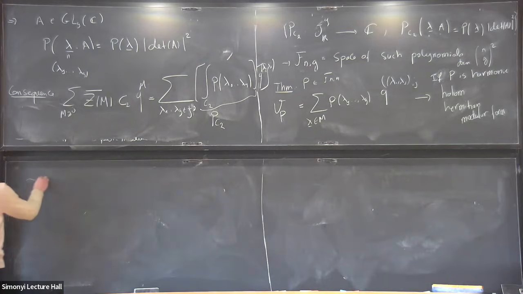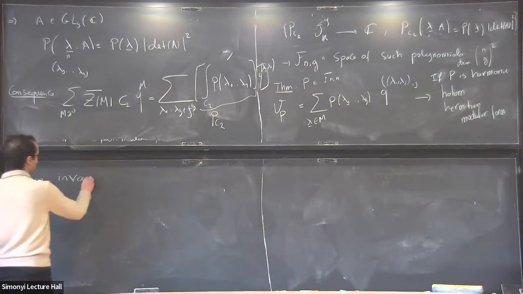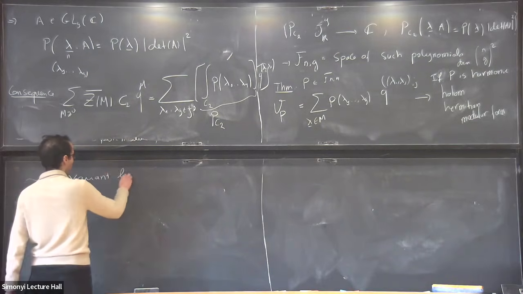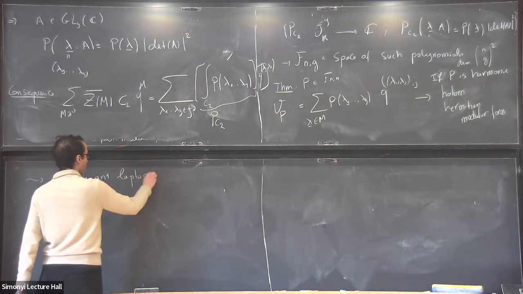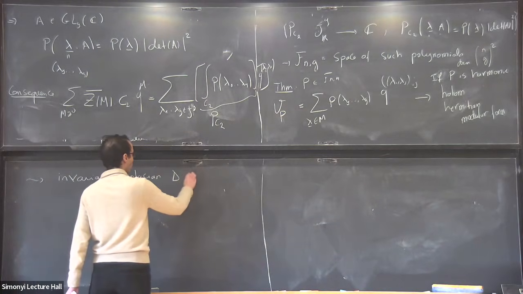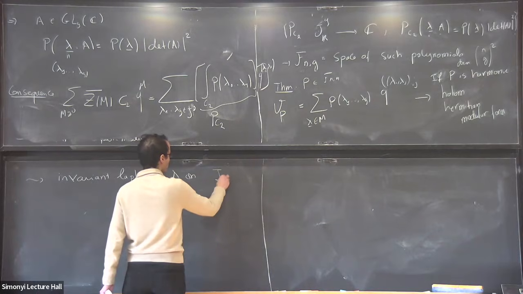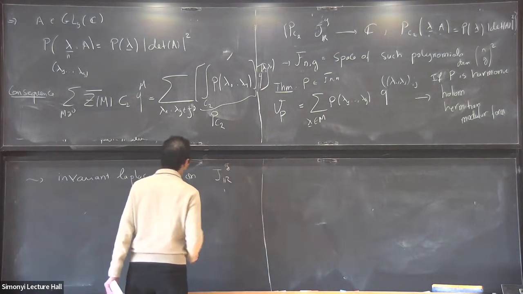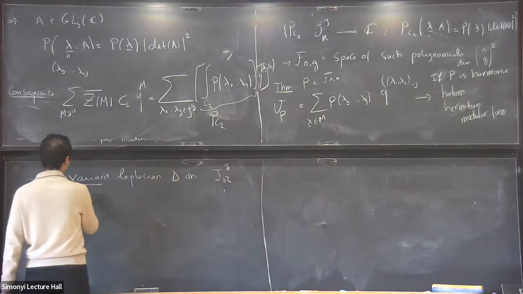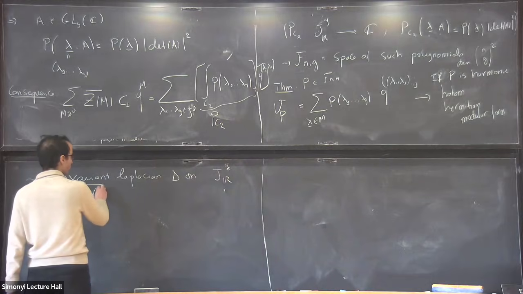So there is an invariant Laplacian, delta, on this to the power g, invariant under the action of the unitary group of J.